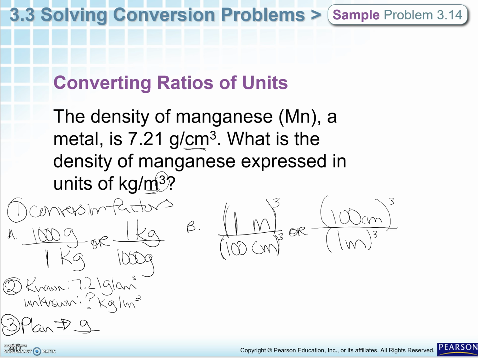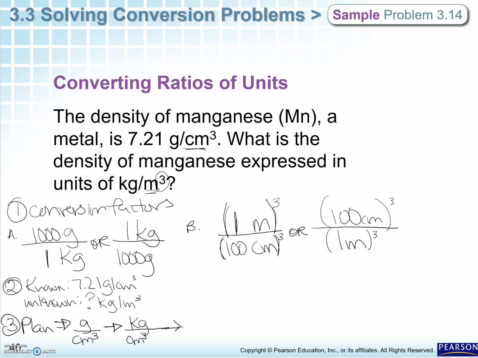If you want to convert the top first, that is what we're going to do in the PowerPoint. However, this would work exactly the same if you wanted to start by converting the bottom first.